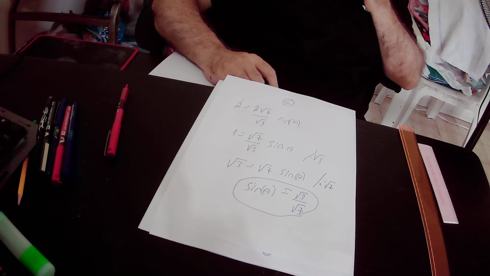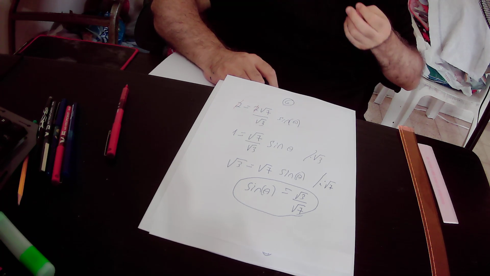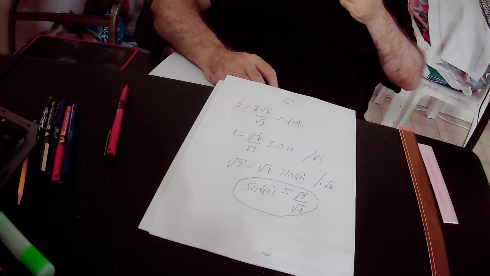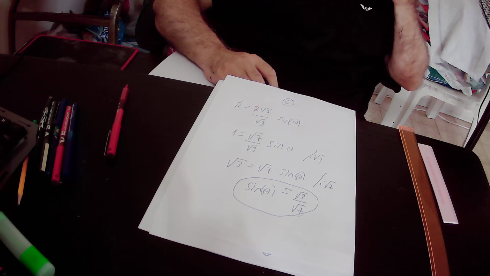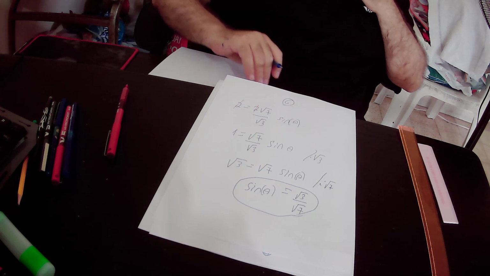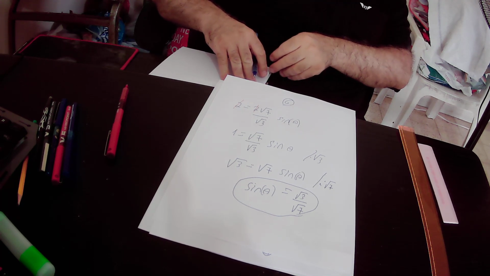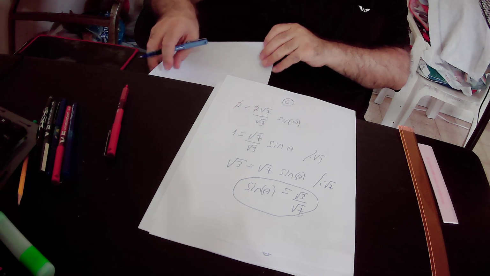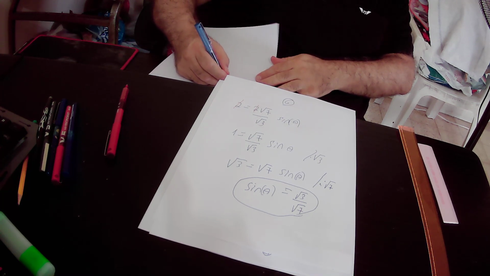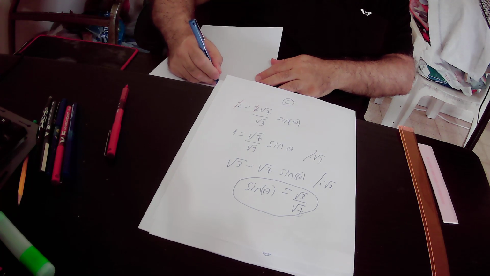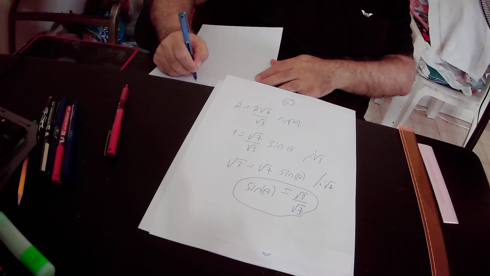We will also find the value of cosinus theta, and we will use the first trigonometric identity in order to find it. Our first trigonometric identity is sinus theta squared plus cosinus theta squared equals to 1.